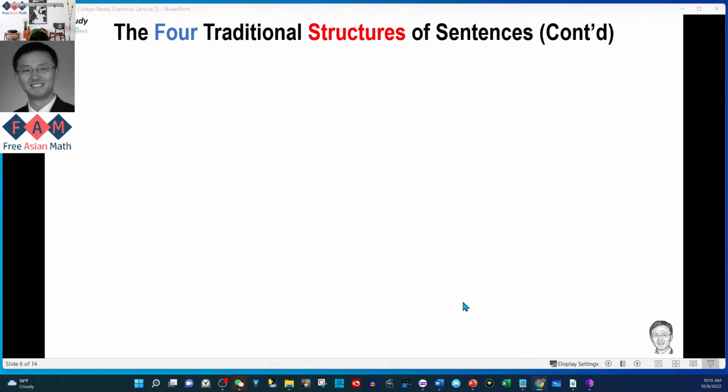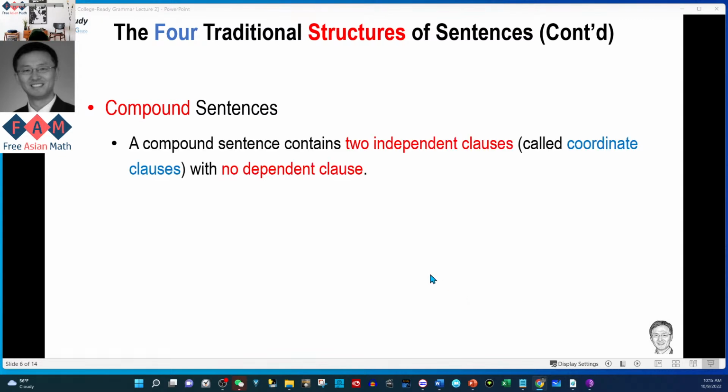Okay, so once we have understood what a simple sentence is, then we can move on to the next one, which is a compound sentence. So what is a compound sentence? Well, a compound sentence contains two, or could be more, but it's very, very rare if you see three, because two is already kind of long, unless you have a parallel structure, which we'll talk about later.